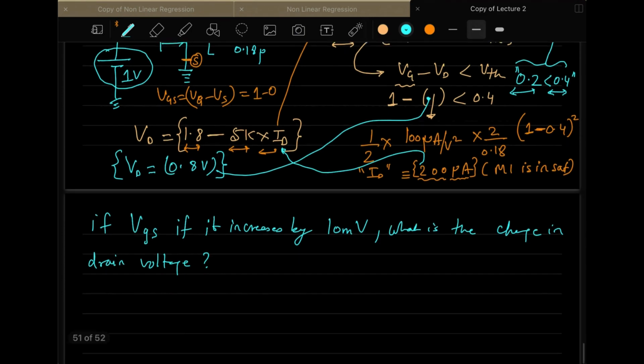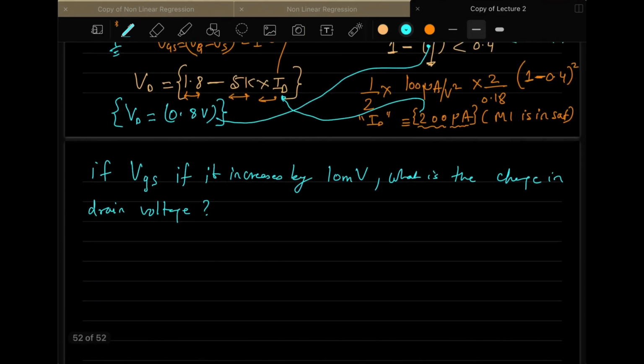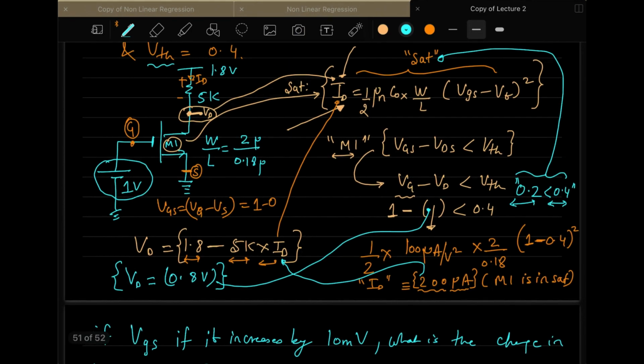So what it is saying now is that your VGS now is 1 volt, but what you have done is you increased it a little bit. You increased it by 10 millivolts. You added 10 millivolts into it. So what it is asking is, what will be the change in the current?